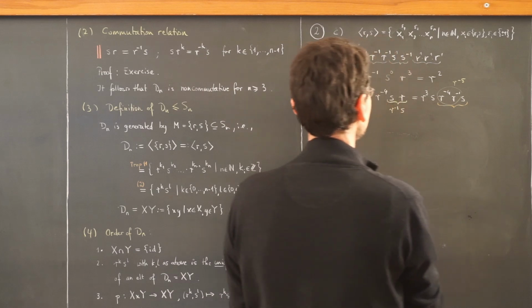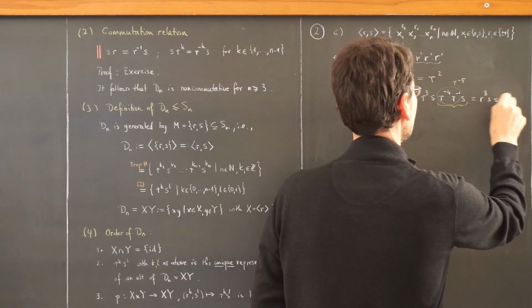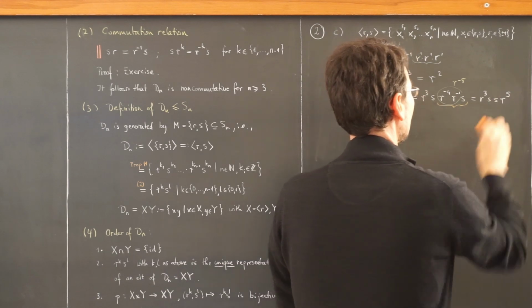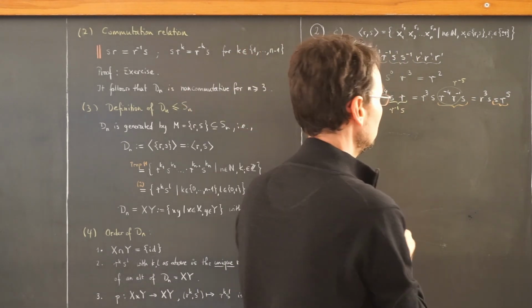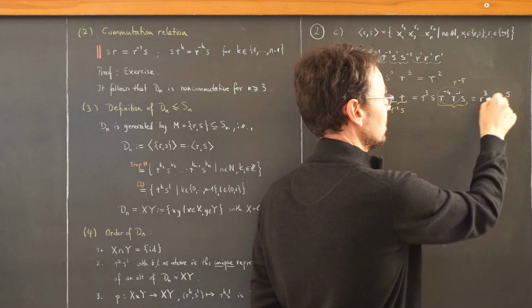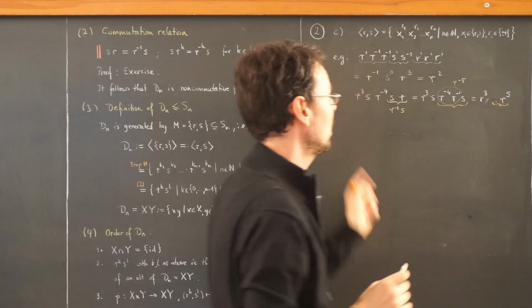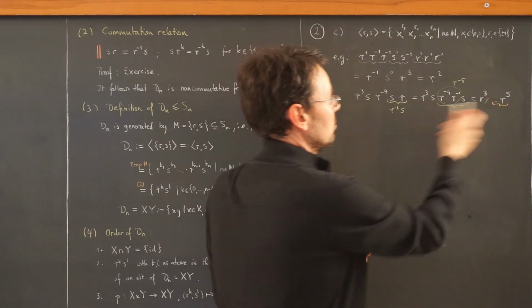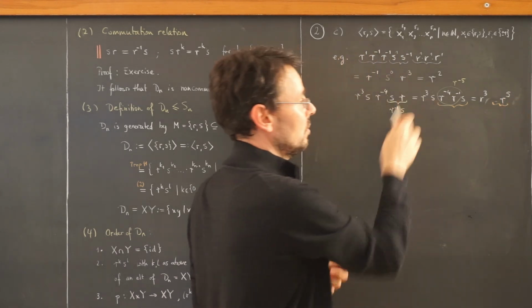I have R to the minus 5 S, which is the same as S R to the 5. Yeah, I simply used this. And then here I have S squared, which is the identity, so this goes away, and this leaves me with R to the 8. And maybe there's an S left here or not, depending on how the word I started with looks.